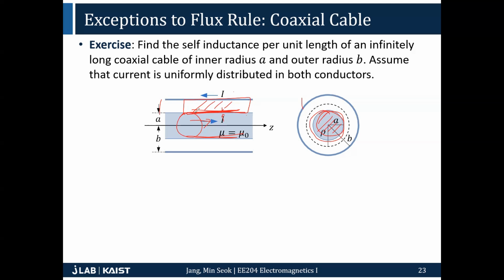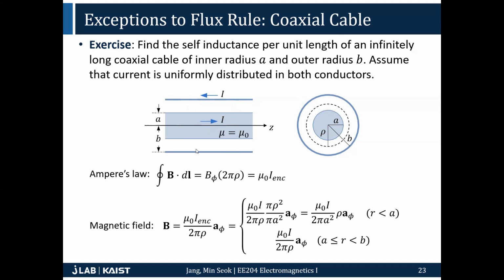If somebody asks you for the self-inductance per unit length, there's no problem defining this distance. And even in this case, there's no problem calculating the magnetic field. It's easy, just applying Ampere's law.